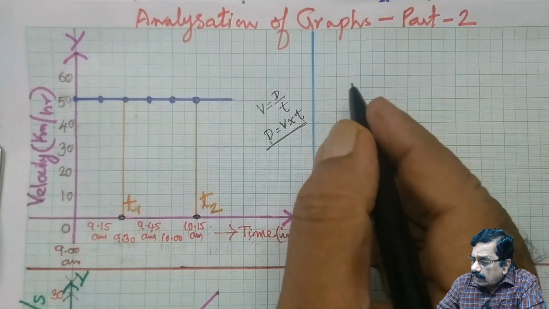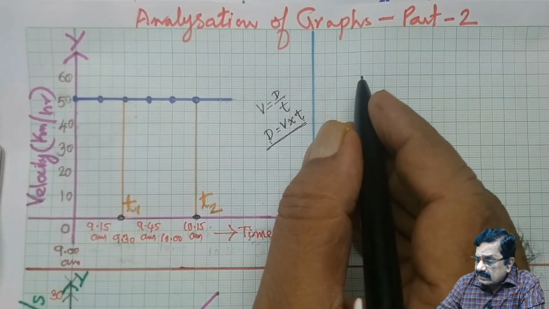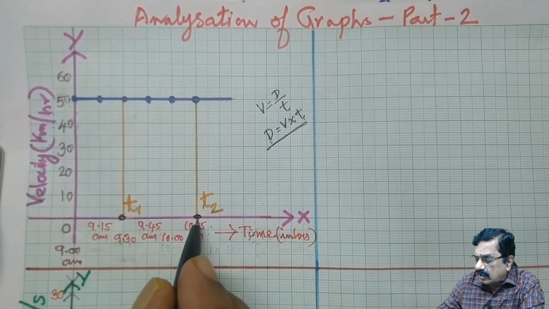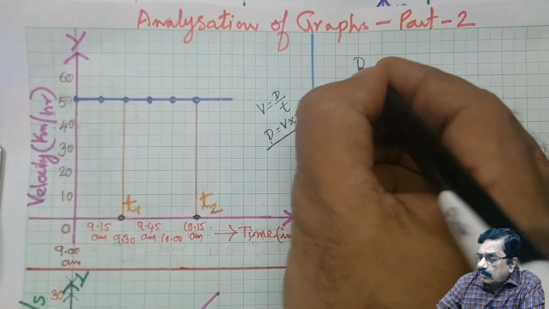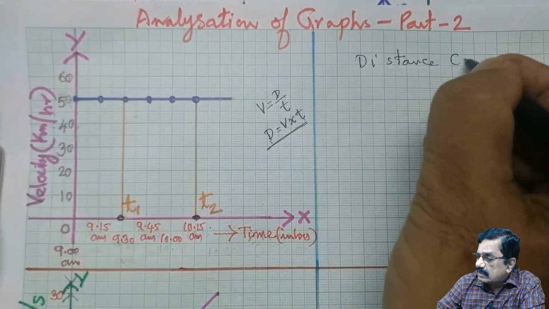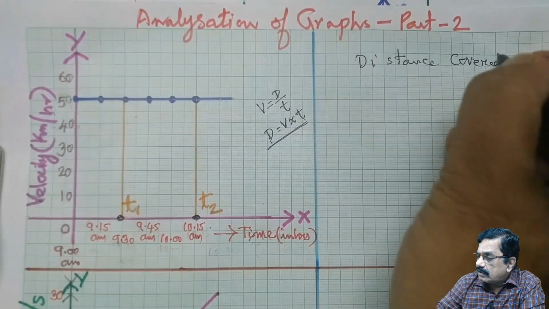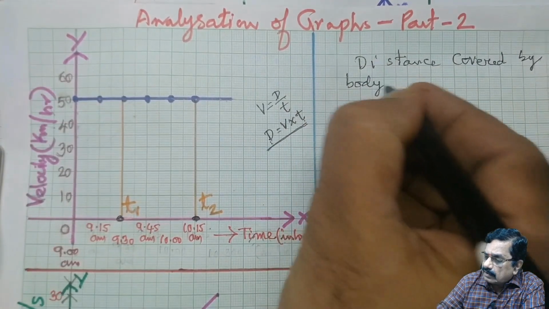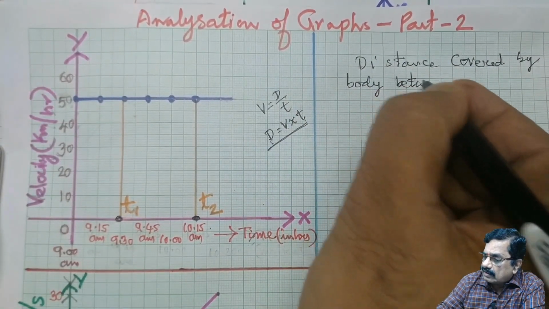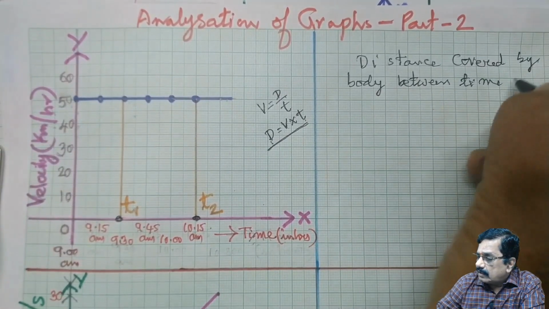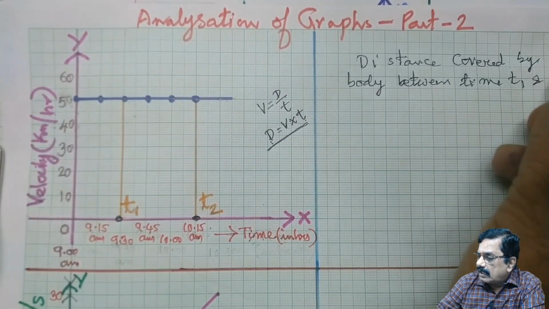To calculate the distance covered by the body between the times t1 and t2, what we do is that distance covered by the body between time t1 and t2.